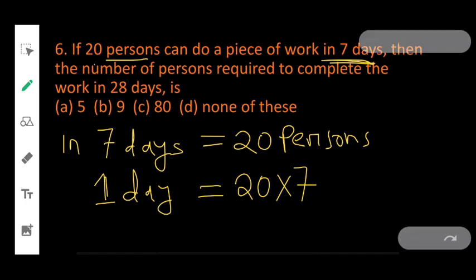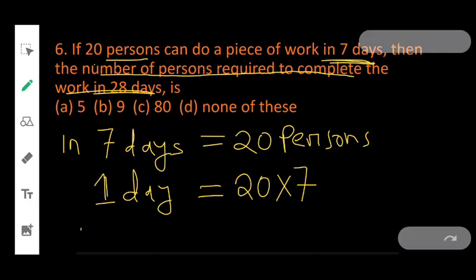You have to multiply the value of the given quantity. Okay, so 1 day equal to 20 into 7 persons, and the number of person required to complete the work in 28 days.